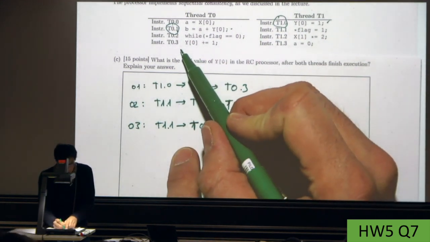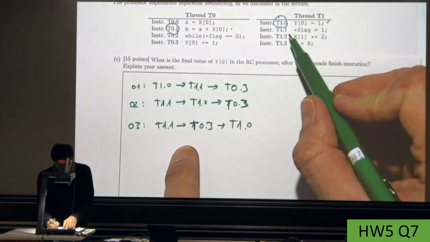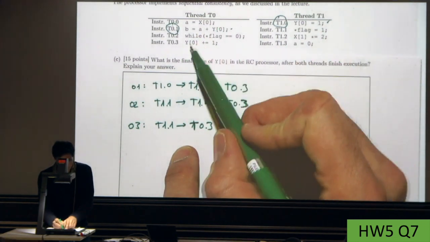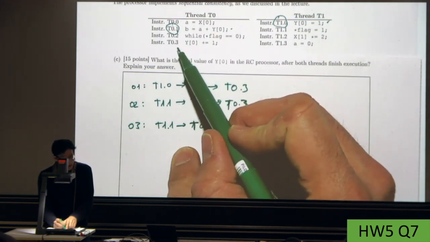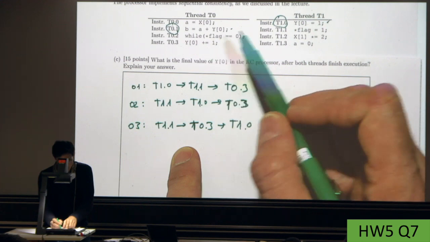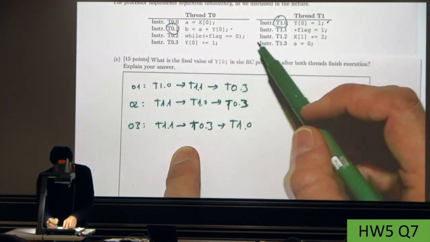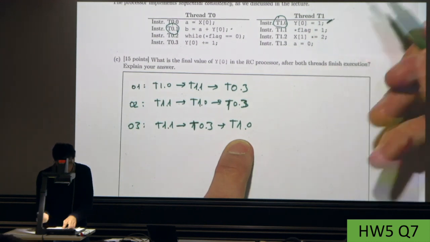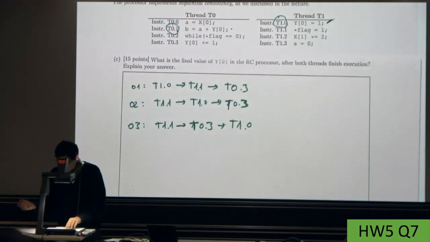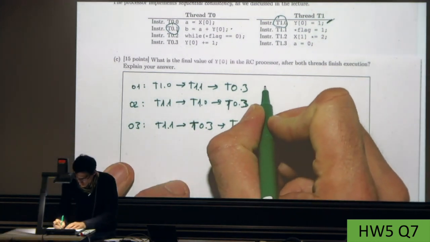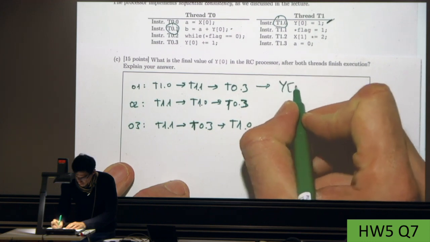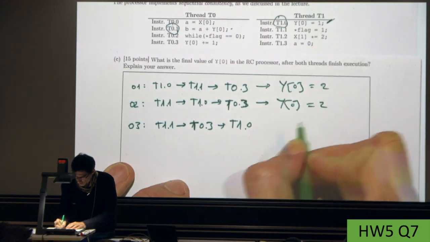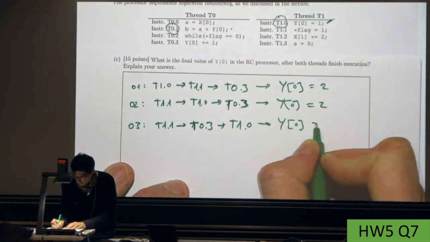Because in the end, the only thing that we can be sure is that T03 will happen after T11 because of the flag, right? Because thread 0 will not issue this T03 instruction until it leaves the while loop, but there is no ordering guarantee for this T10. So that's why we can have 3 different orderings. In this case, the final value is going to be 2. In this case, final value is 2. And in this case, final value is 1.